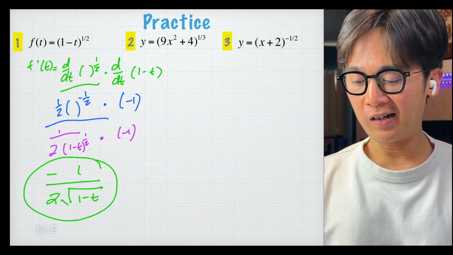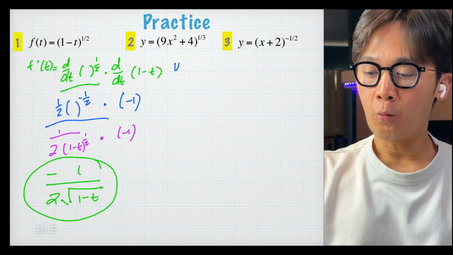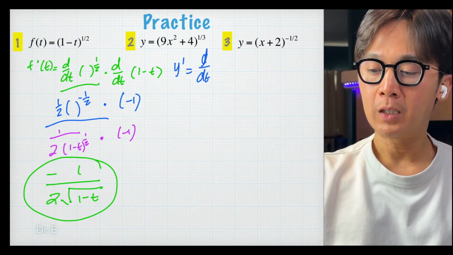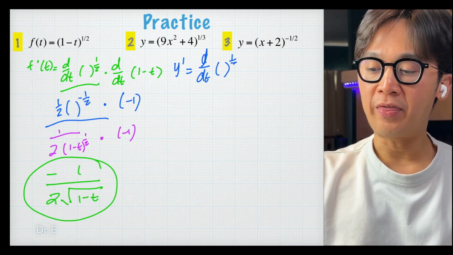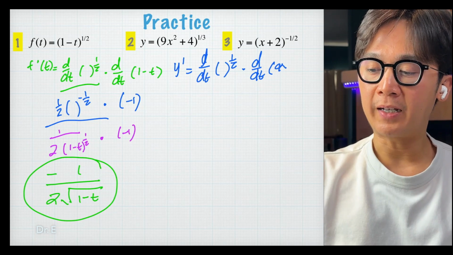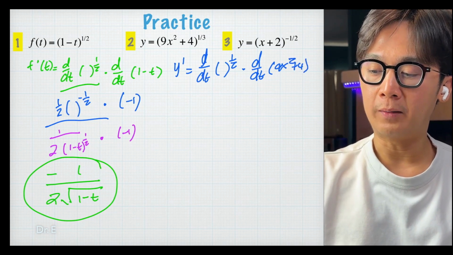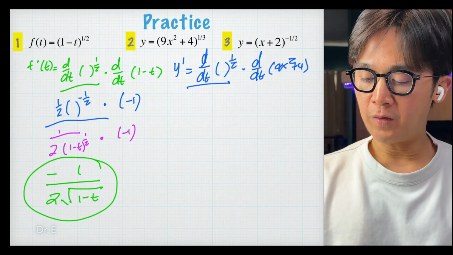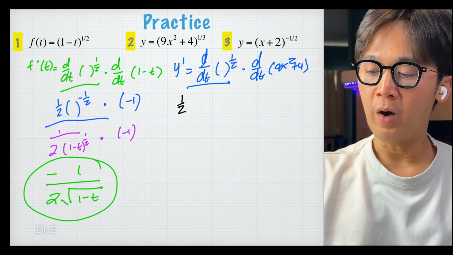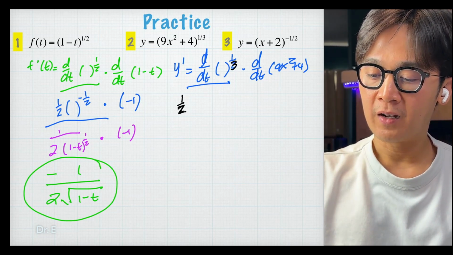And for number 2, y prime is equal to the derivative of the main function, which is parentheses to the 1/3, times the derivative of the inside, which is 9x squared plus 4. No, 1/3. I'm sorry.